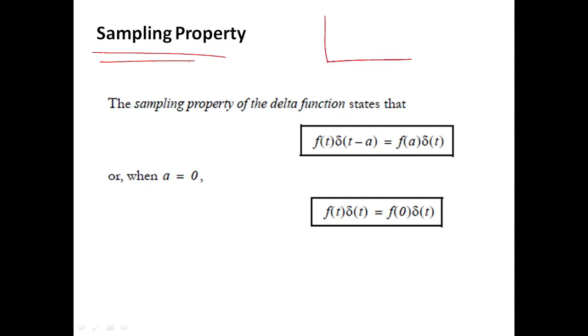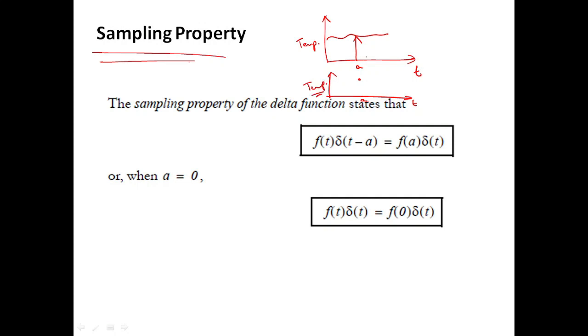For example, we have a temperature versus time curve. Suppose at time a we have a Dirac impulse. What should be the output? We will be getting a single point at a.